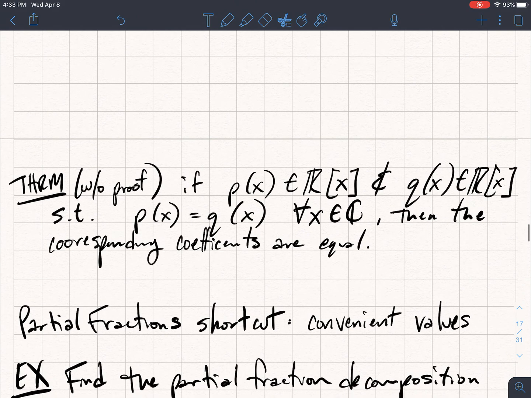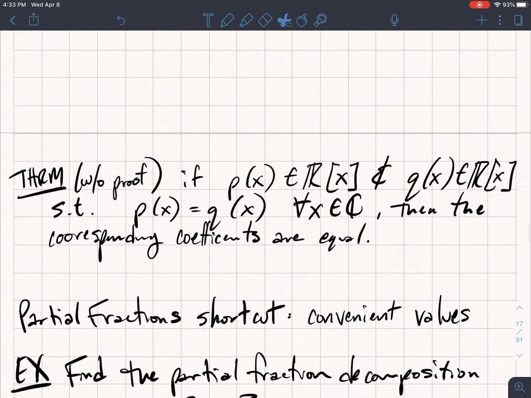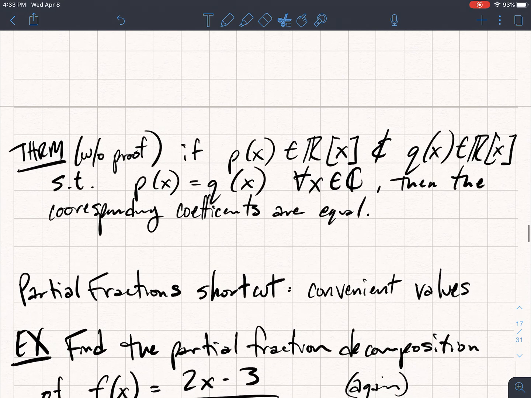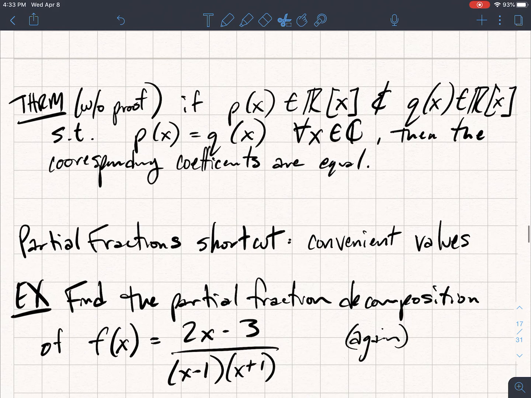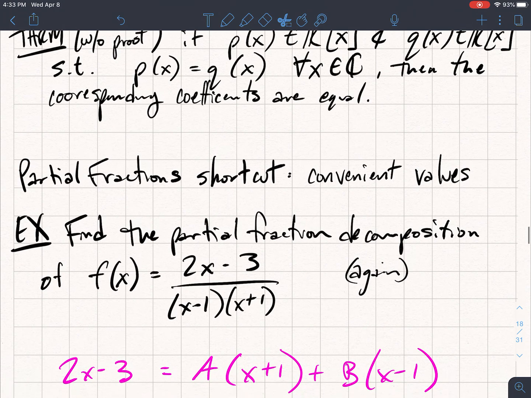Here's a trick. There's a shortcut for finding the numerators in those partial fractions. To find the partial fraction decomposition of the same one again, we don't have to solve a system of equations, basically.